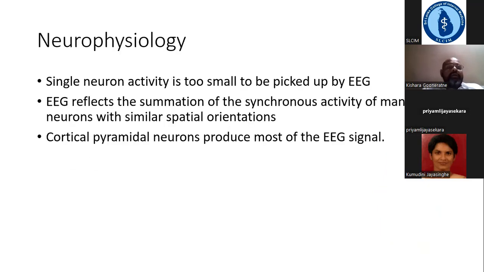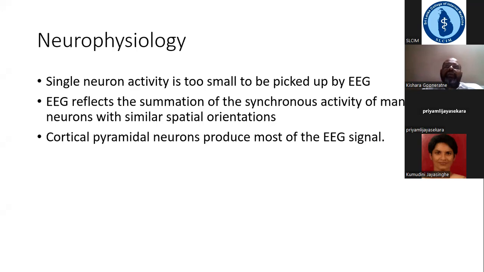It's not the electrical activity of a single neuron, but it's actually the summation. As I said, it's the difference between all the neurons that are oriented perpendicular to the surface of the brain or the gyrus, and which is oriented in such a way where the electrodes are able to pick up that electrical signal.